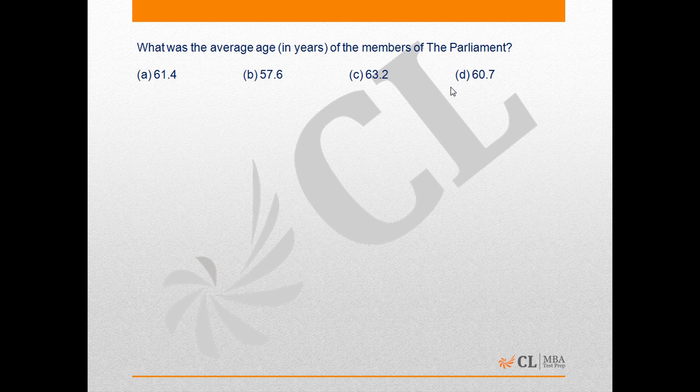Moving to the next question, it is asking what was the average age of the members of parliament. The total members in Lok Sabha is 550 and their average age 63, and the total members in Rajya Sabha is 250 and their average age is 58, which means the sum of the total ages of the members of two houses is 550 into 63 plus 250 into 58, and the total members is 550 plus 250.